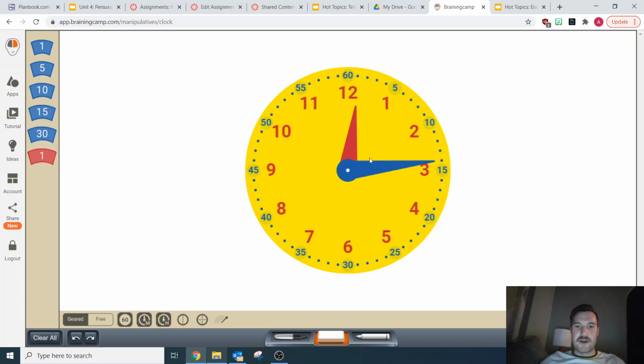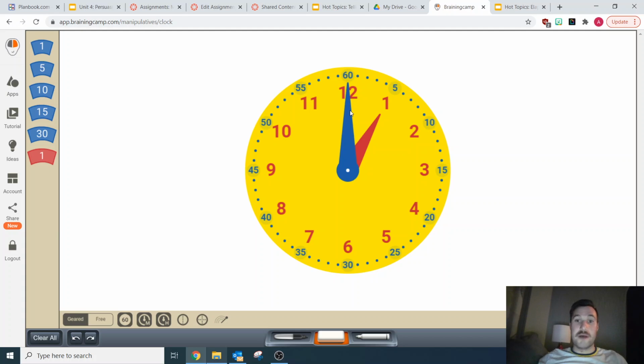So if our time was here at 12:10, the closest quarter hour would be 12:15. The next quarter hour is 12:30, which is also a half hour. The next quarter hour is 12:45, and then the next quarter hour is not 12:60, but 1 o'clock. So then we have 1:15, 1:30, 1:45, 2 o'clock, and so on.